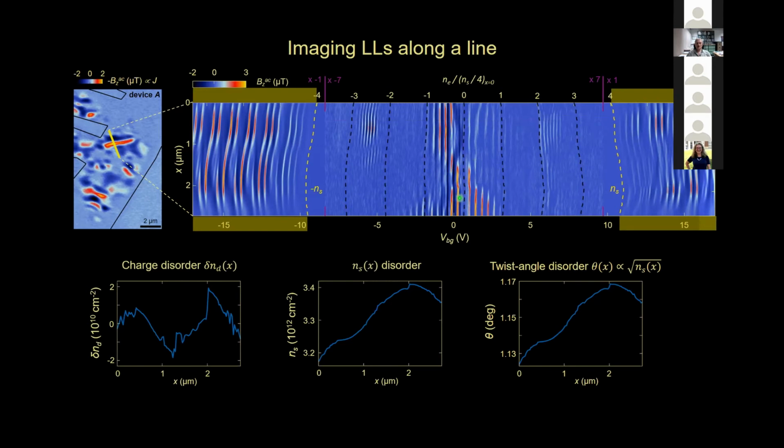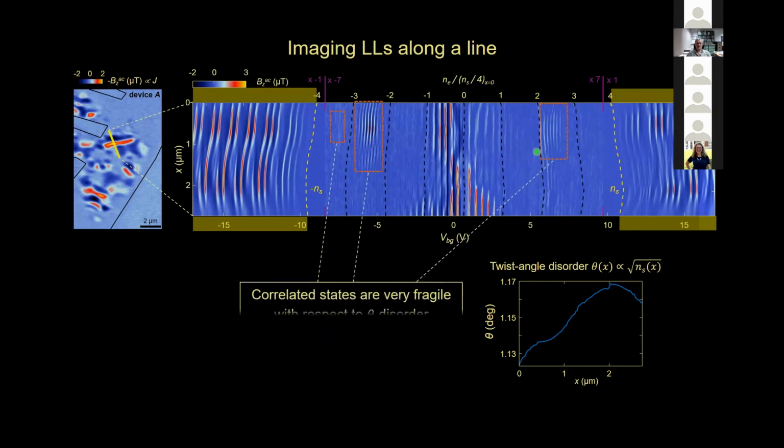The Landau levels near charge neutrality are also quite robust, but the Landau levels emerging from these strongly correlated states at these integer fillings are very sensitive to twist angle disorder, and they appear only in very few places in space. So the correlated states are very fragile with respect to twist angle disorder, which is the first conclusion here.